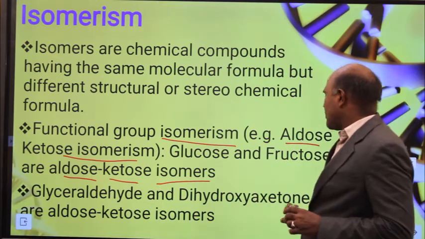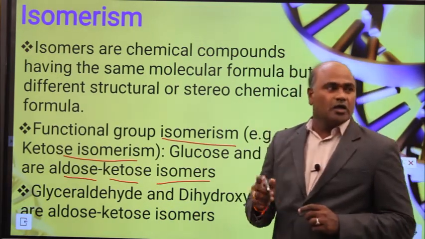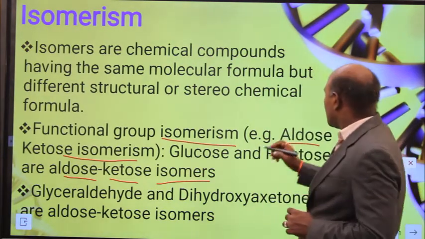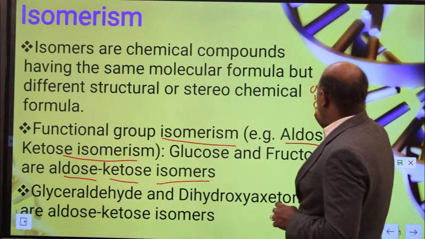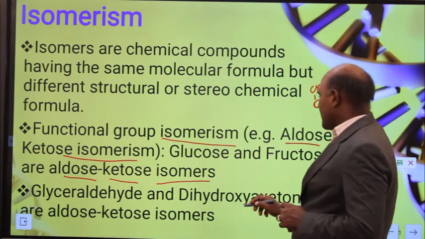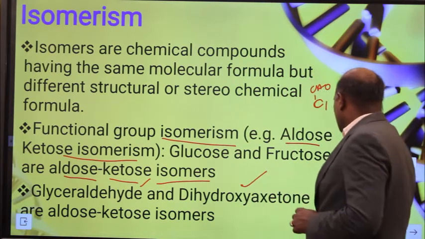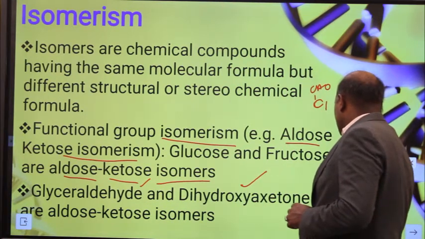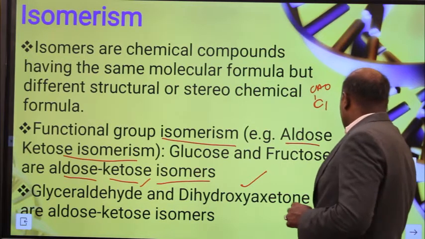Glyceraldehyde and dihydroxyacetone are aldose-ketose isomers. If you see the glyceraldehyde structure, at the C1 position you can see the aldehyde and CH2 at the end. If you see dihydroxyacetone, the second position contains the ketone.